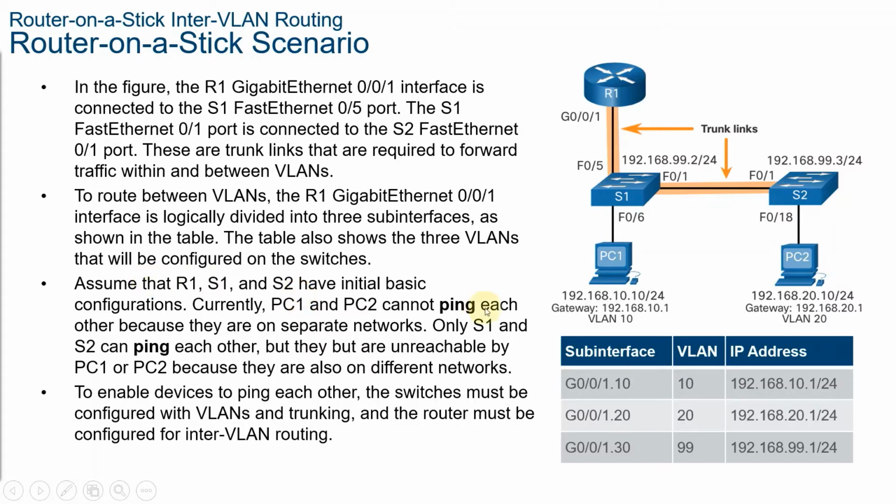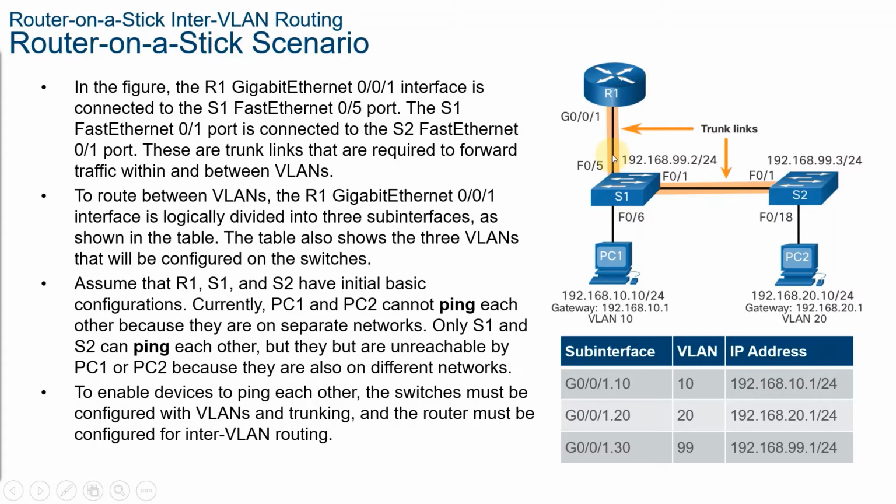You can see in the figure that the router is not in the center of the topology, but instead appears to be on a stick near the border, hence the name.